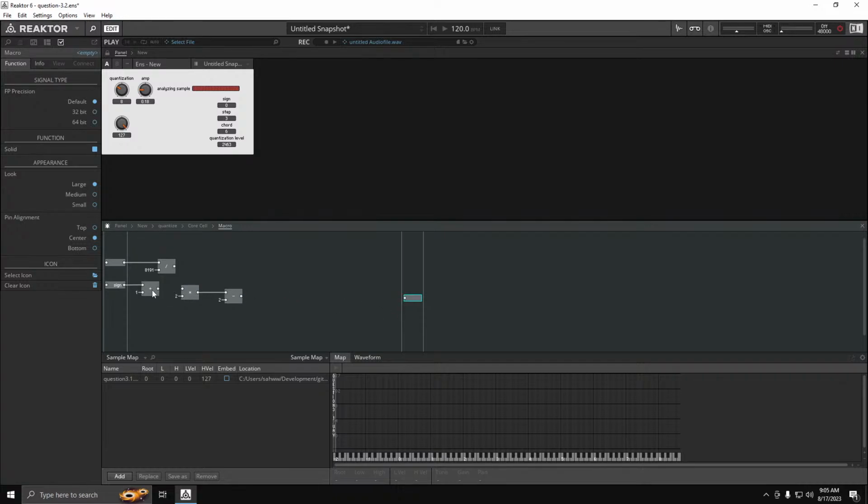Wait. Instead of going from 0 to 1, go to 0 to 2. Actually, I could just do it times -1 and then add it to the original signal. No. What am I thinking?